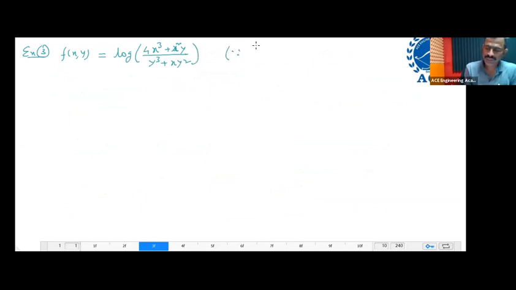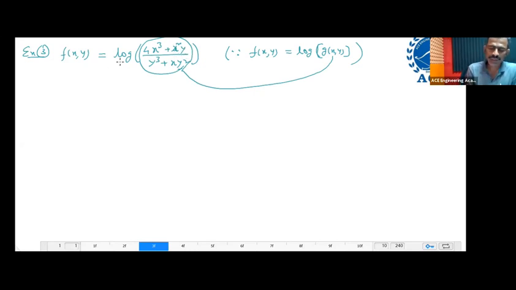Since this function is in the form of f of x comma y equal to log of g of x comma y only, in place of g of x comma y we have this function. Power 3, 2 plus 1, 3. The numerator is a homogeneous function with the degree 3. The denominator is also a homogeneous function with the degree 3. Therefore, the inner function is a homogeneous function with the degree 0. That is why the log function is a homogeneous function.